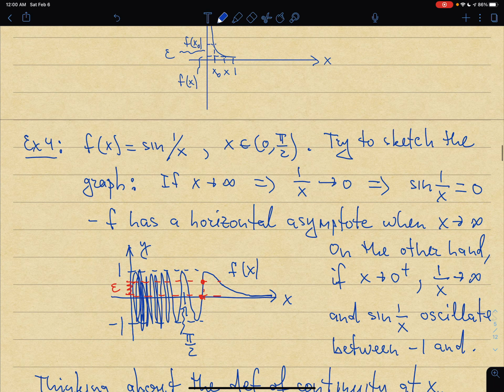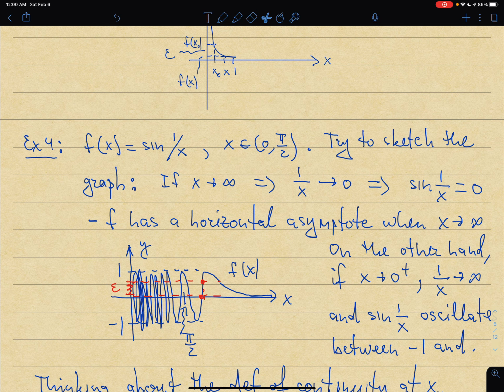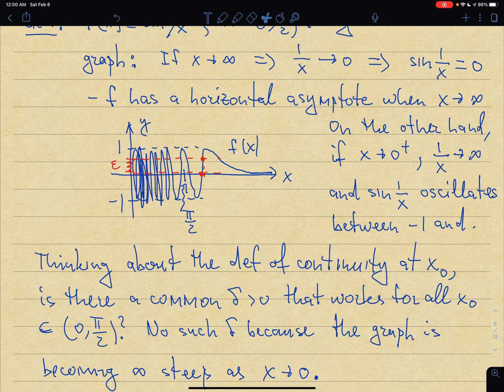Example number 4, we had f of x equal to sine of 1 over x on the interval from 0 to pi over 2. And we saw that because this function oscillates infinitely fast between -1 and 1 as x goes to 0, it's not uniformly continuous. So let's try to use the same Cauchy sequence argument here to prove this.